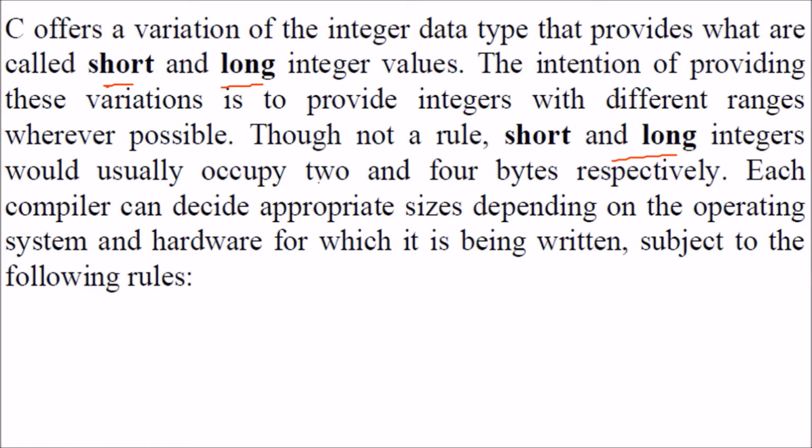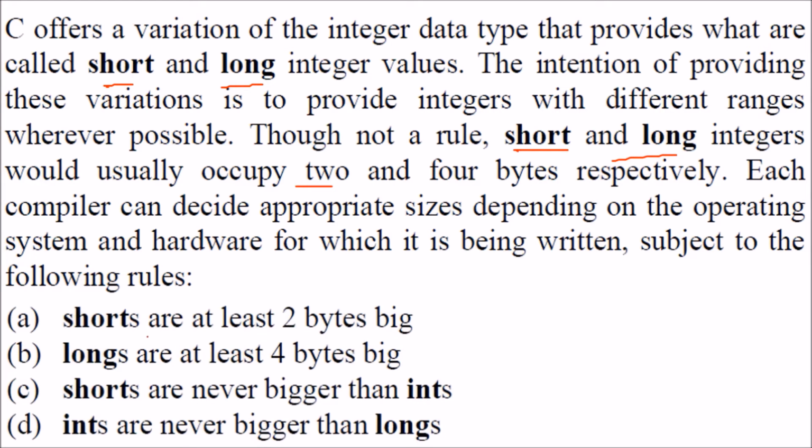So short, usually in our discussion when we are dealing with the Turbo C and Turbo C++ compiler, this short takes 2 bytes and long takes 4 bytes. And this totally depends on the operating system and hardware also. So let us give a least limit for that. Shorts are at least 2 bytes big, means short cannot be less than 2 bytes.